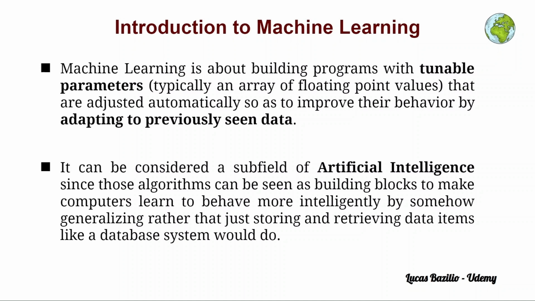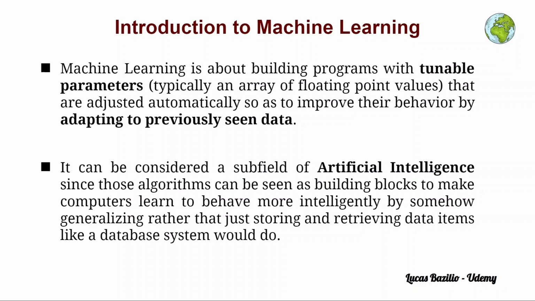These algorithms help computers learn from experience, enabling them to become smarter over time. So, it is not just about storing and retrieving data like a regular computer program. It is about learning and improving on its own.